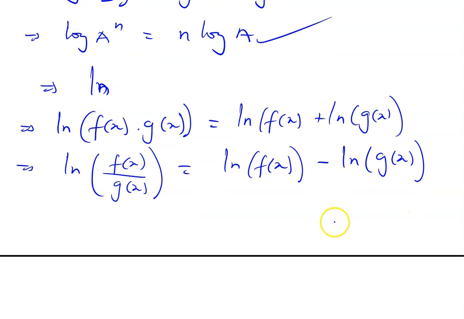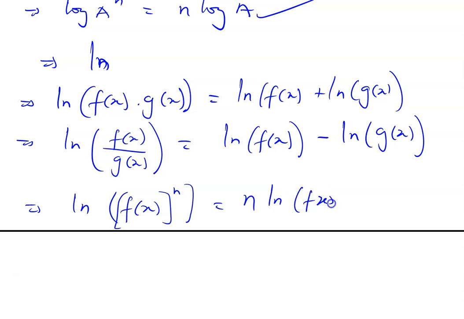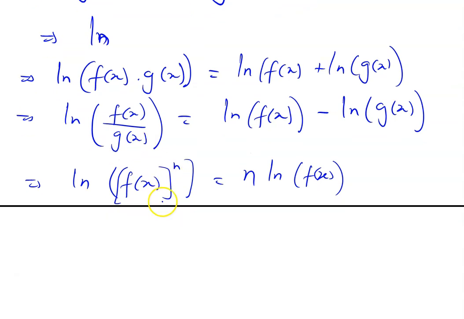And the last one, if I have ln of f of x exponent n, then it is n ln f of x. So you need to take note of these log rules.